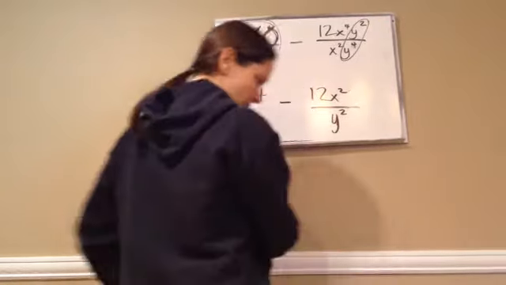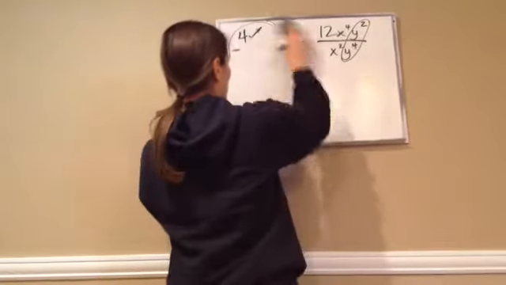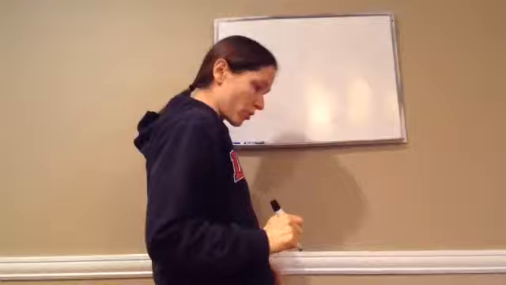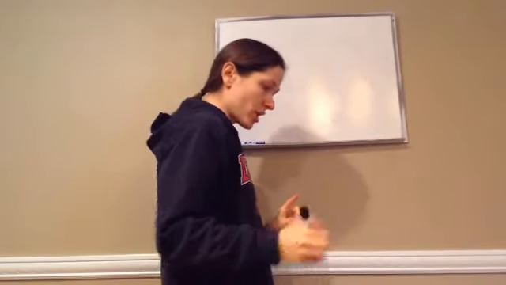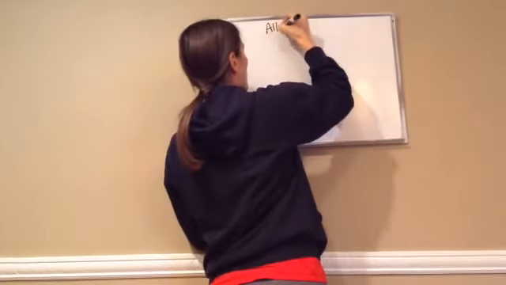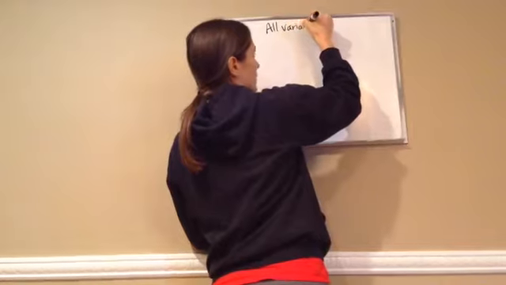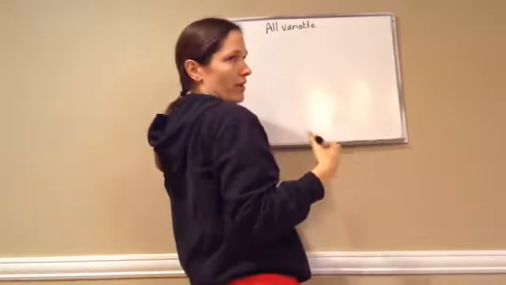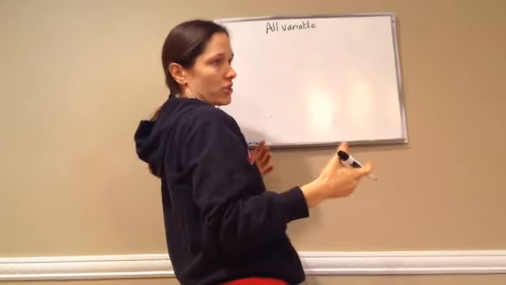Yep. Okay, there's 2 more of these because they're wanting to teach you different methods using different things. For example, this next one we're doing, they want the answer to be all variables. Variables are just the letters because they vary. We never know what the letter actually means, what number.